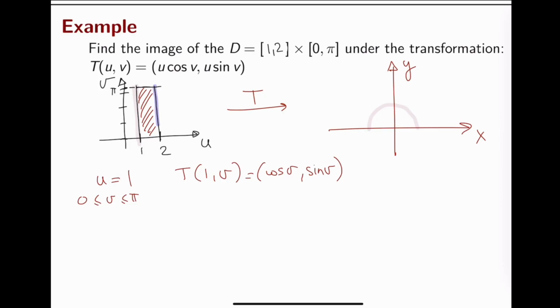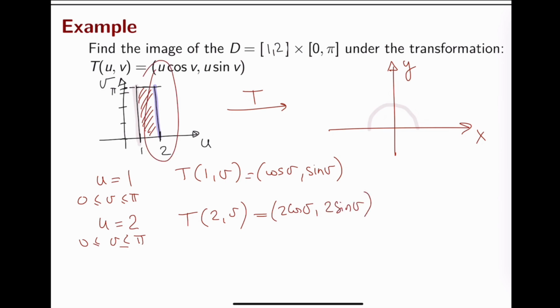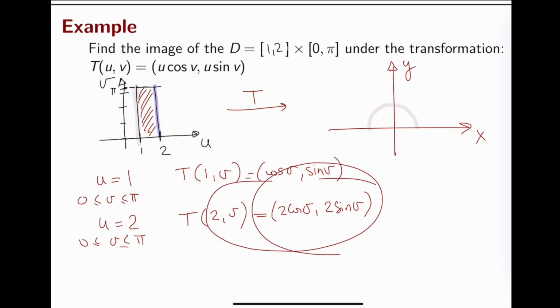Now let's consider this other side here. This side will also be a line, determined by u equals 2, and v still is going to be between 0 and pi. So let's do the transformation. T of (2, v) will be equal to, substituting here, 2 times cosine of v, 2 times sine of v. So this line got transformed into something that is not a line anymore.